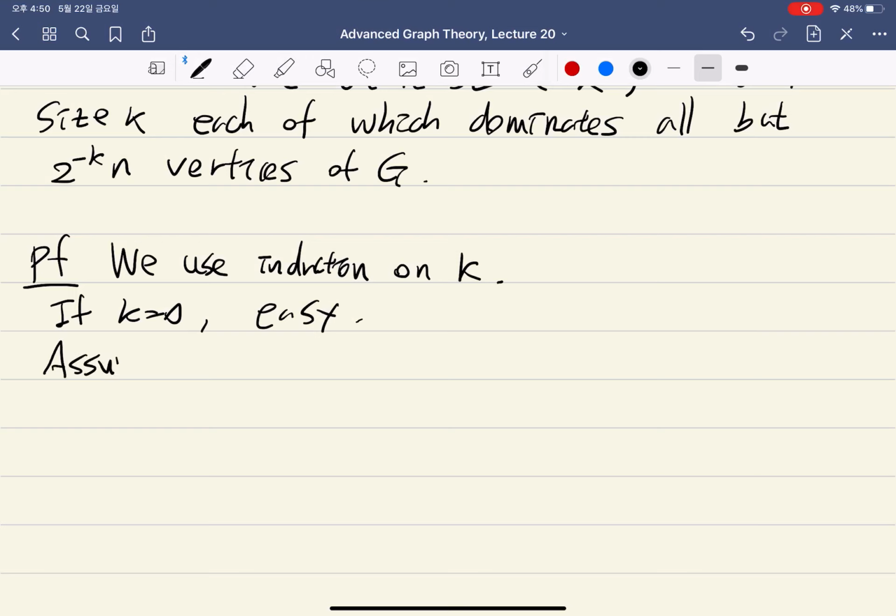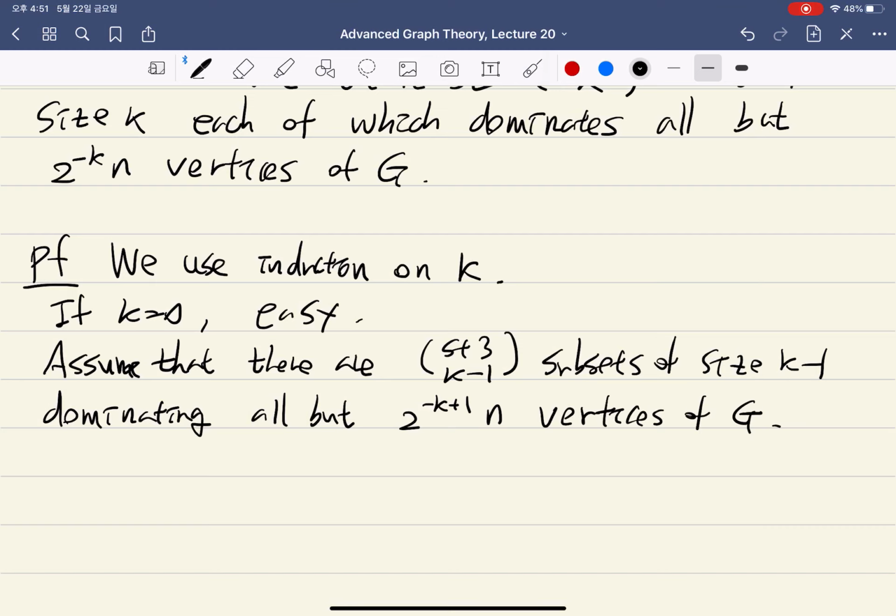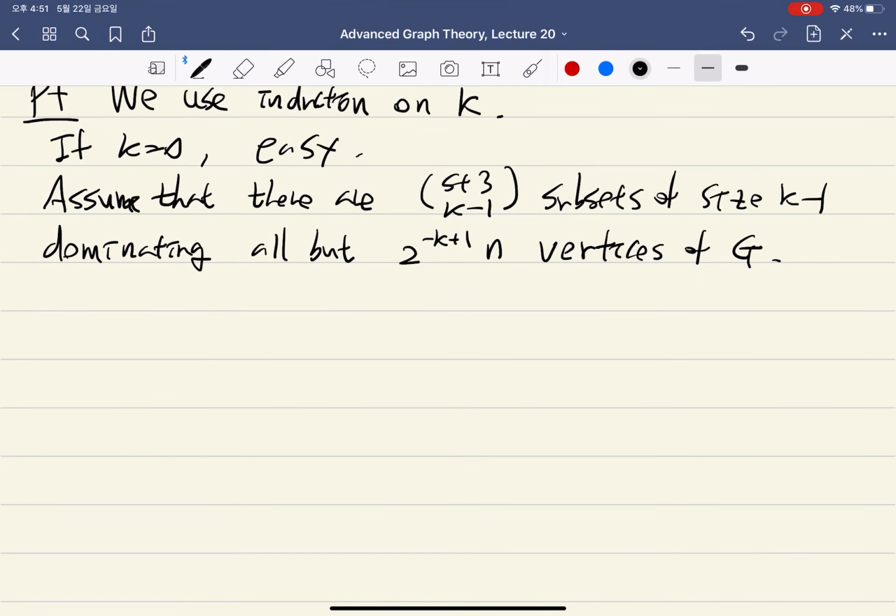So assume that there are s plus 3 choose k minus 1 subsets of size k minus 1, which dominate all but 2 to the minus k plus 1 times n vertices of G. So that's our induction hypothesis.